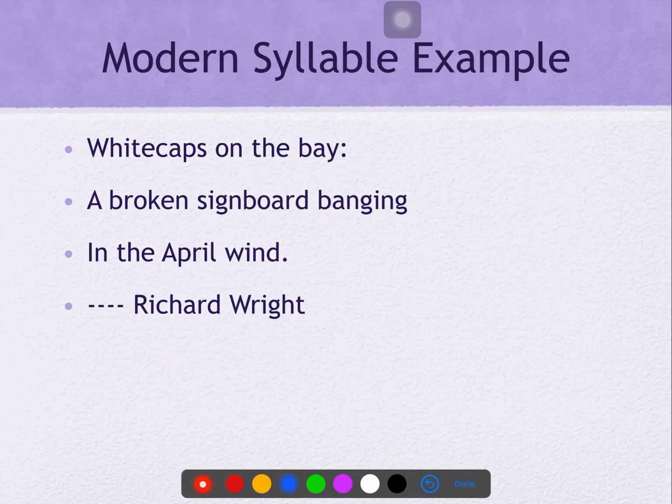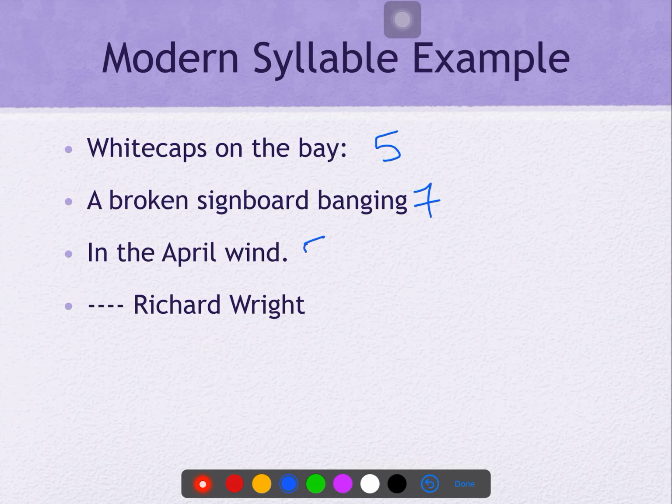So if we go through and we count the syllables, white caps on the bay, I have 5. Okay, and then we move on to our next line. A broken signboard banging. Okay, that's 7. And then lastly, in the April wind.